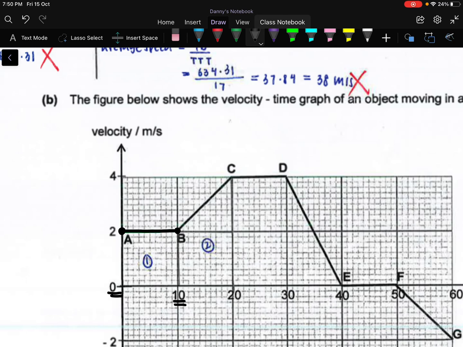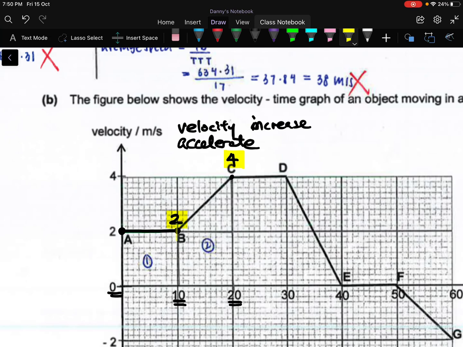Okay, anyway. Yeah, so how do you do this? Well, at time equals to 10, speed is 2, velocity is 2. Time equals to 20, velocity is 4. What does this mean? Velocity increases, right? When I know that velocity increases, I know that it means that the object must have accelerated.